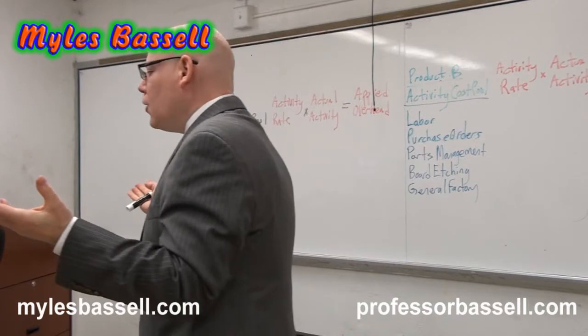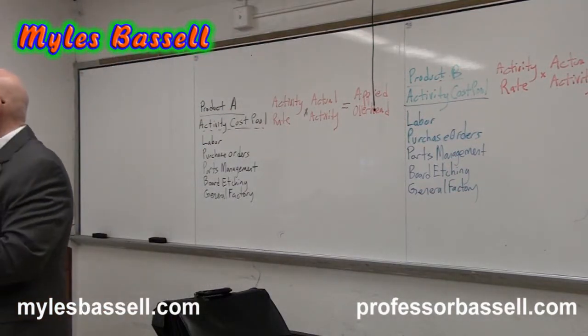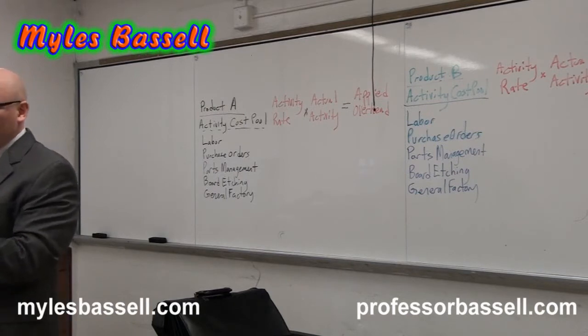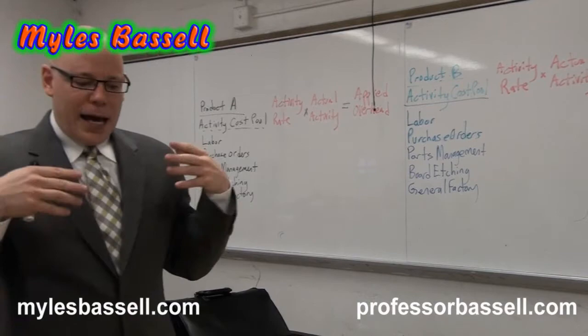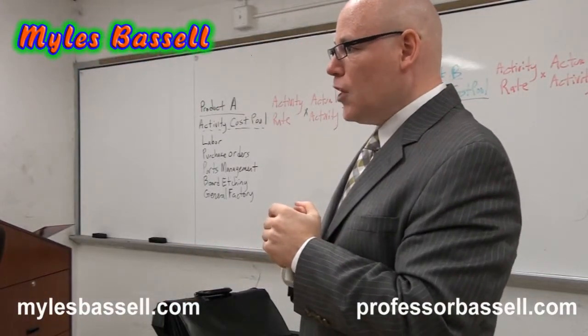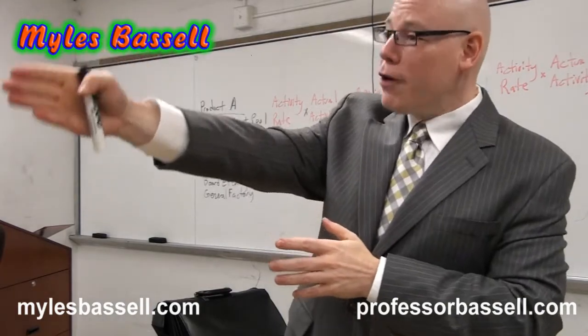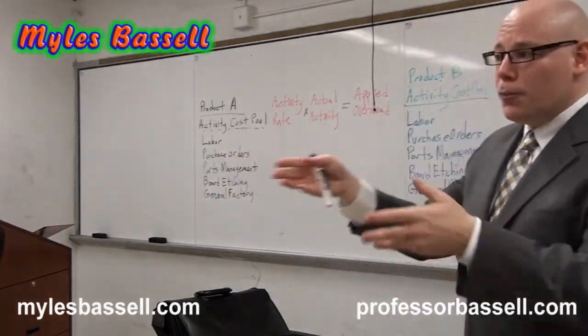So manufacturing overhead costs are indirect costs. They're not costs that are easily traceable to a particular product. So we group them together and we classify them as manufacturing overhead. There are other costs, like direct labor and direct materials, that we're able to trace to a particular product.